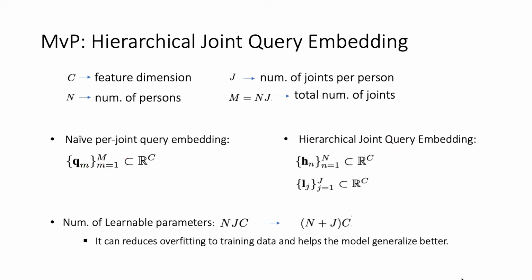The number of learnable parameters is reduced from n times j times c for the naive per-joint query scheme to n plus j times c for our hierarchical query embedding scheme. From another perspective, this scheme can reduce overfitting to training data and helps the model generalize better.